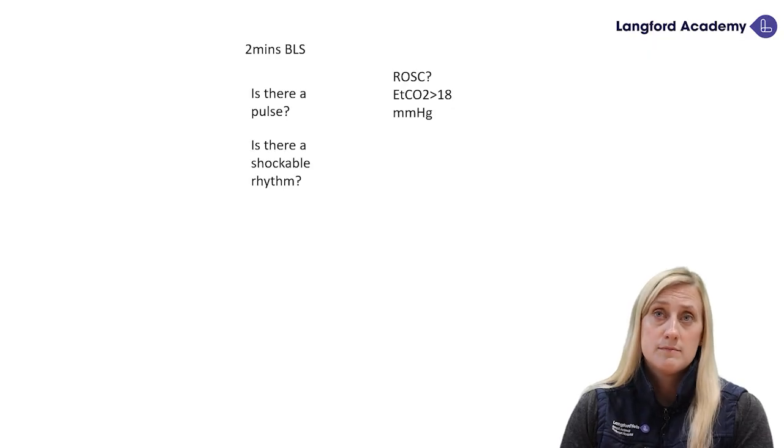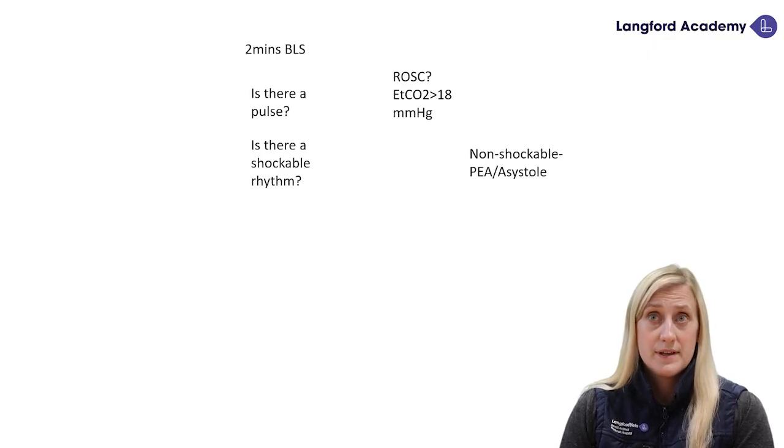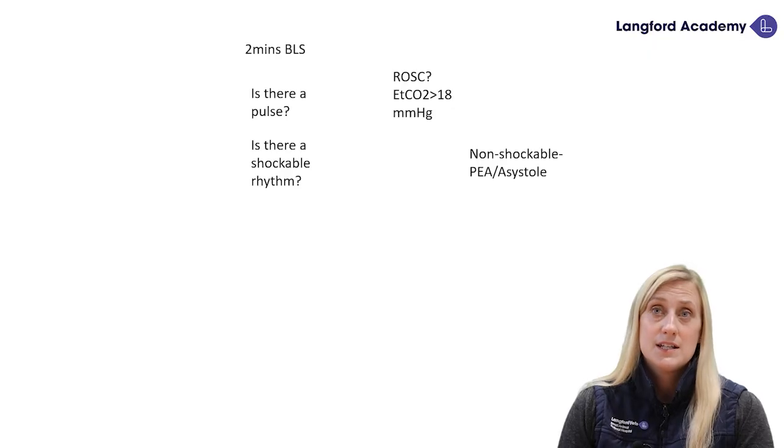Non-shockable rhythms, we're looking at pulseless electrical activity, so that's PEA, or asystole. If we have got a non-shockable rhythm, we're not going to defibrillate this patient, so we can decide whether we're going to give a drug therapy.